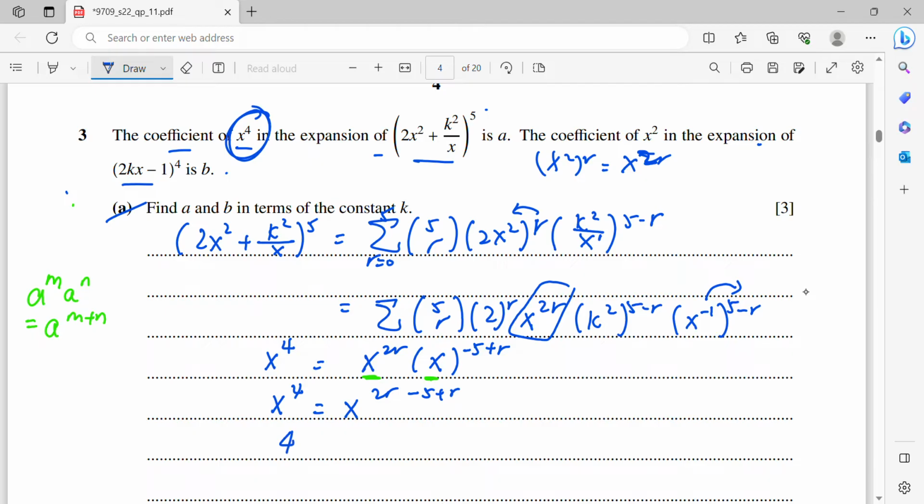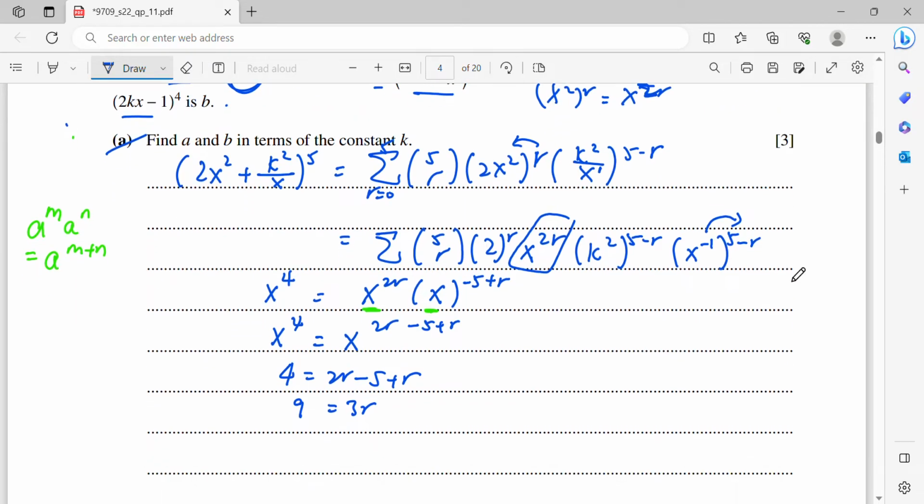So 4 equals 2r minus 5 plus r, which means 3r is 9. Therefore, my r is 3.